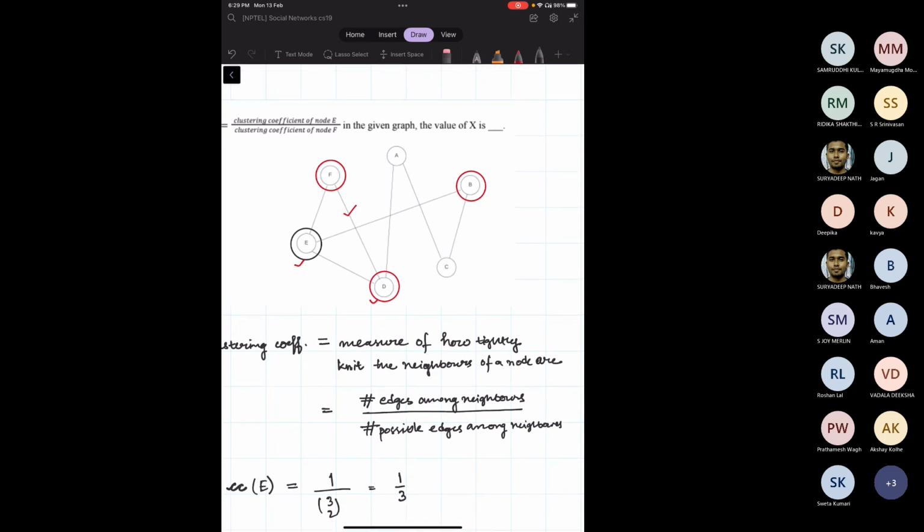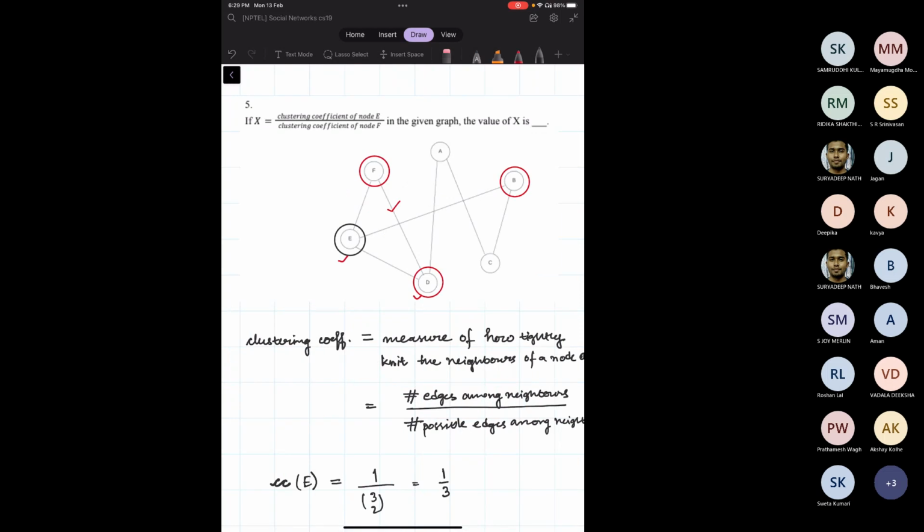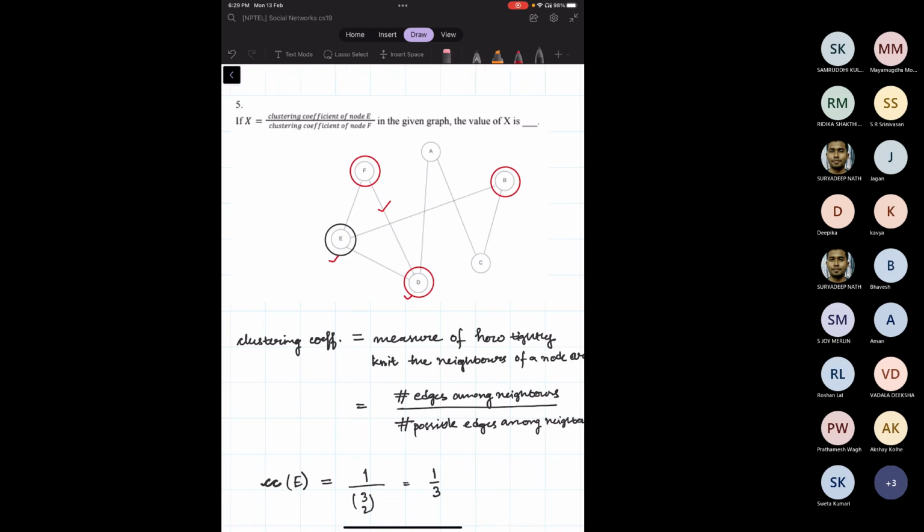If we look at the clustering coefficient of E, the neighbors of E are F, D, and B. So there are three neighbors. Now look at only these three nodes. How many edges exist among these three nodes? Only one, between F and D. And how many total can be possible? 3. In a fully connected graph consisting of F, B, and D, there can be a total of 3 edges, but only one is present.